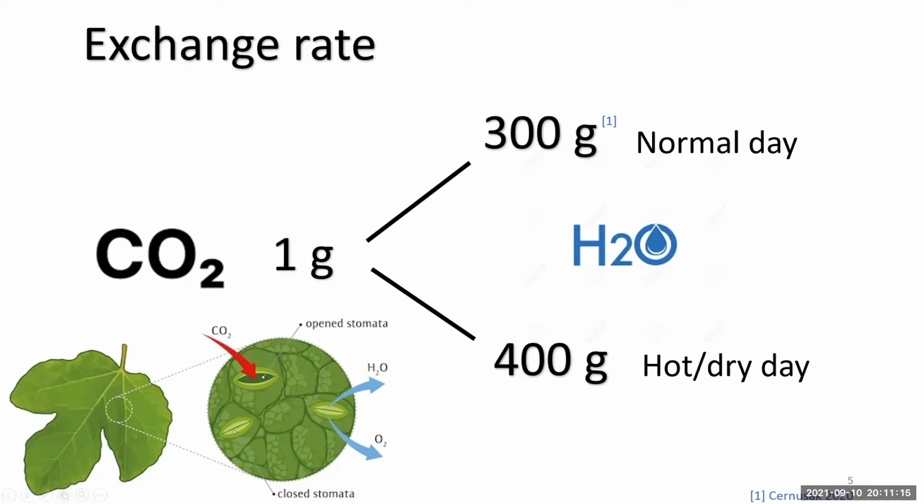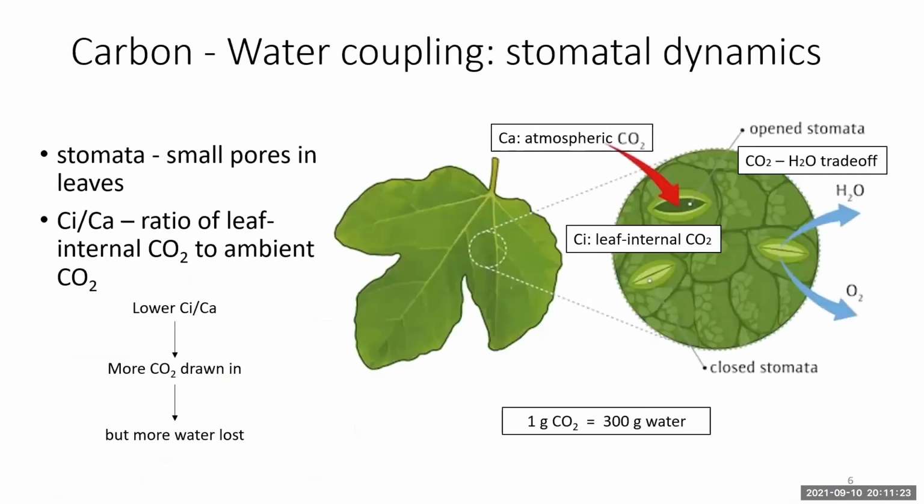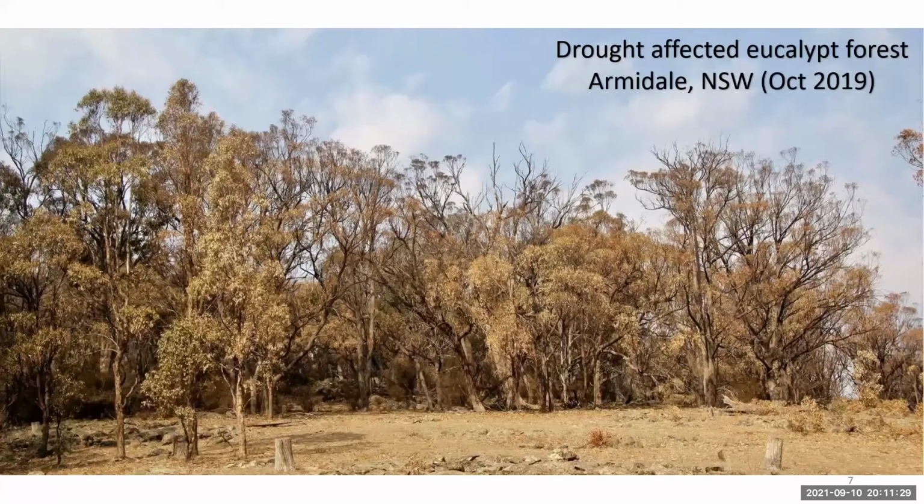We all know Australia went through one of the harshest droughts it has ever seen in the past 200 decades. This was the harshest drought that Australia saw. And this is a photo from a eucalypt forest in Armidale.